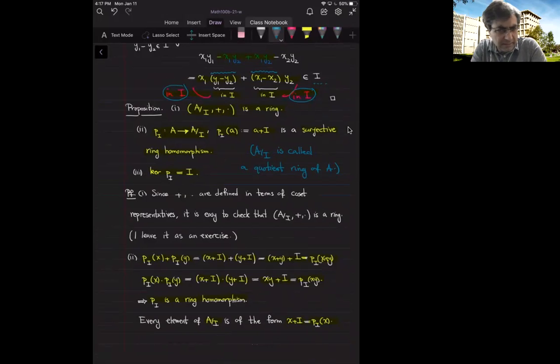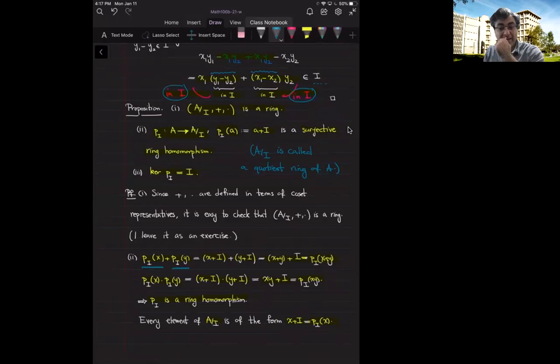And I've already said that the first part I'm leaving for you. Okay, so let's go to the second part. We want to say why P sub I is a ring homomorphism. That means we have to check that it preserves addition and multiplication. Let's start with addition. The multiplication is similar. So we pick x and y.